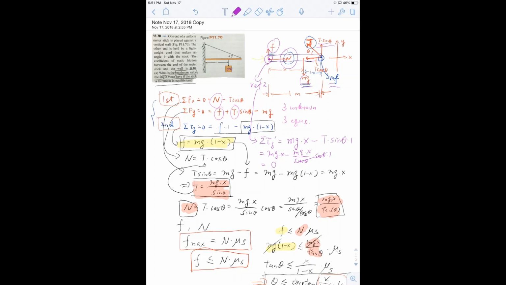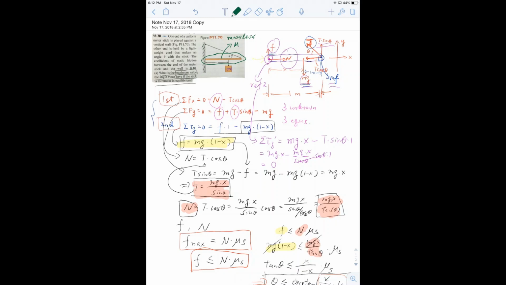All right. One more thing I want to add is that in this calculation, we considered this meter stick to be massless, so we didn't consider the weight of the meter stick. However, if it has a mass of M, then we need to include the weight of this meter stick in this picture.